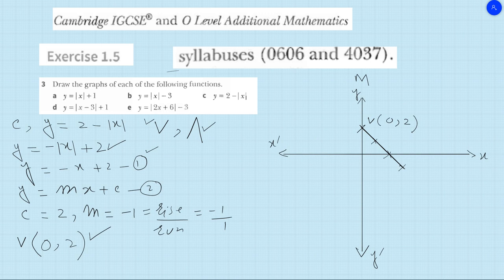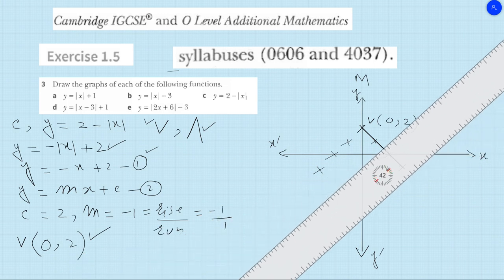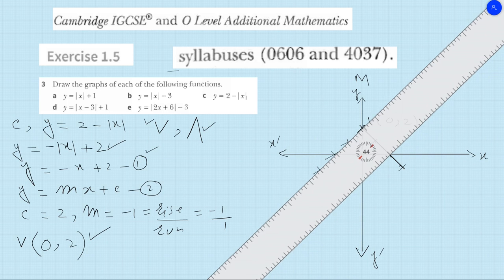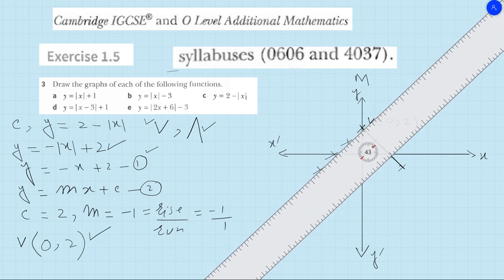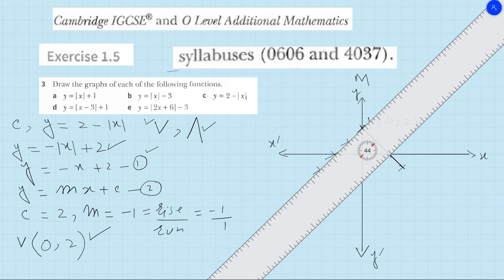So this point is on the mirror line, therefore this point can't move, but this point is on the right side 1, therefore left side 1, and 1, 2, 3 on the other side. Join these points.